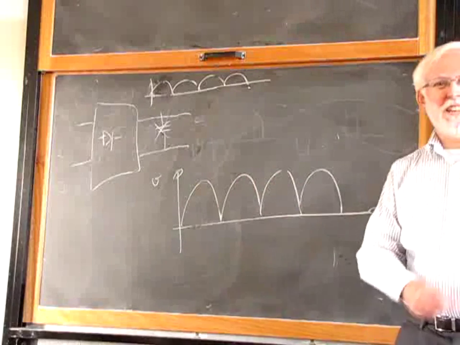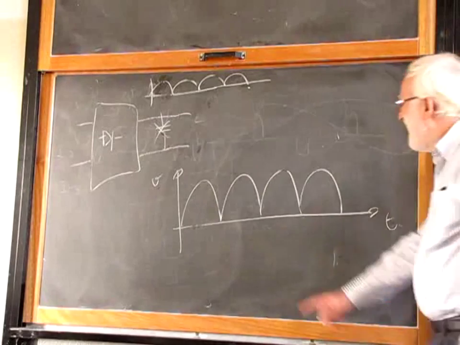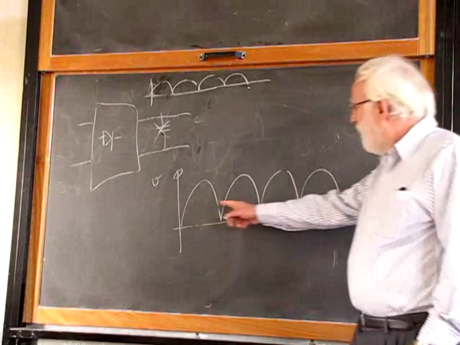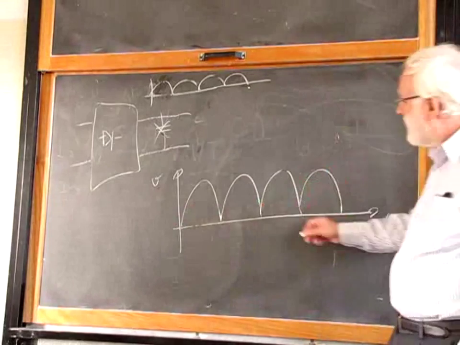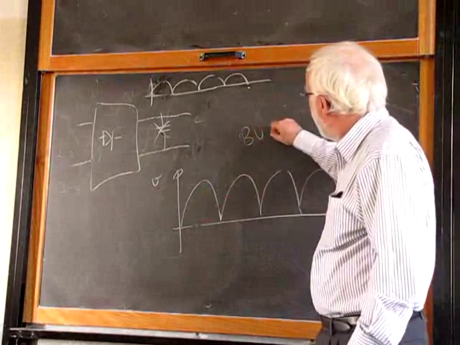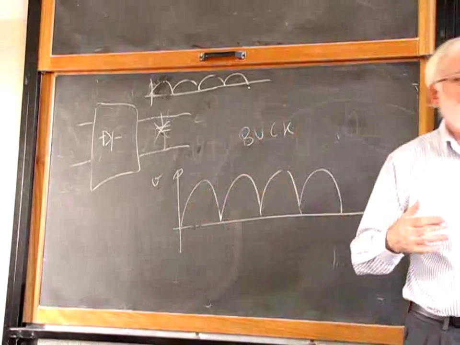I said we need a converter to get a DC component, so we started to try a buck converter, but a buck converter has an output voltage that is less than the input voltage.